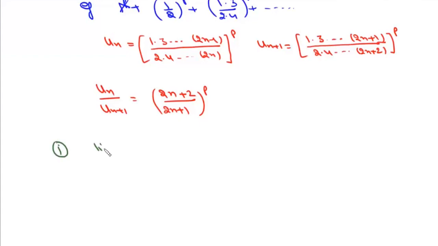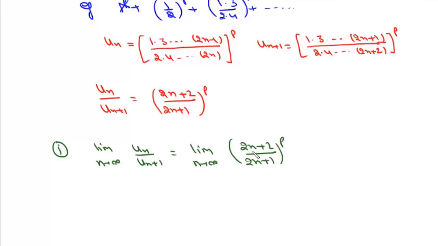So it will be this limit n tends to infinity, un upon un plus 1, which is the limit n tends to infinity of ((2n plus 2) upon (2n plus 1)) to the power p. Now the coefficient of n in the numerator and denominator is both 2. So 2 upon 2 is 1. So this is 1. That means this ratio test fails. So D'Alembert's ratio test fails.